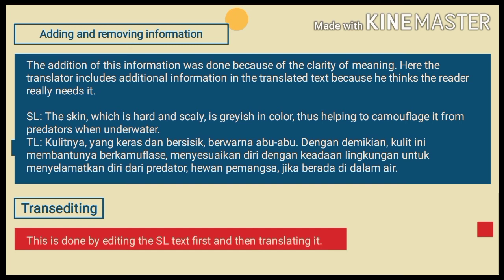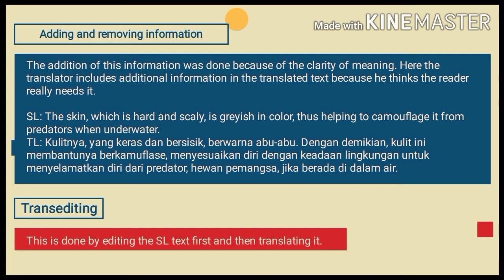For example, the skin with its hard and scaly texture is greyish in color, thus helping to camouflage it from predators when in the water. Translated as kulitnya yang keras dan bersisik berwarna abu-abu. Dengan demikian, kulit ini membantunya berkamuflase, menyesuaikan diri dengan keadaan lingkungan untuk menyelamatkan diri dari predator hewan pemangsa jika berada di dalam air. The fifth, trans-editing.